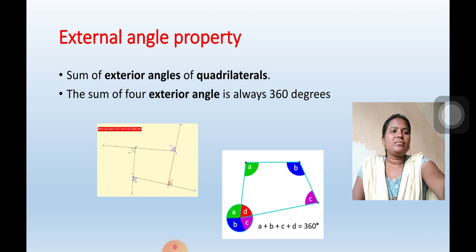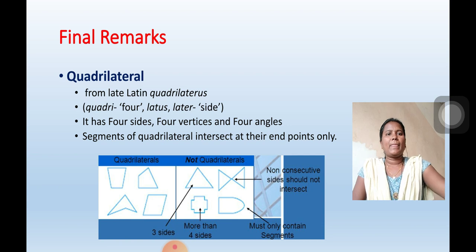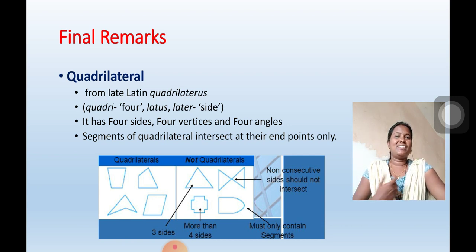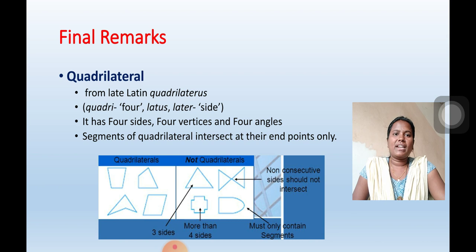Now, let us go with what is a quadrilateral. Till now, we have learnt all these angles and properties of a quadrilateral. It is made up of four line segments. It is a polygon. Yes. So, final remarks. What can we say about a quadrilateral? It is from the late Latin quadrilaterus.